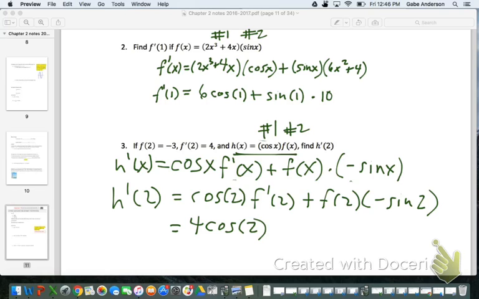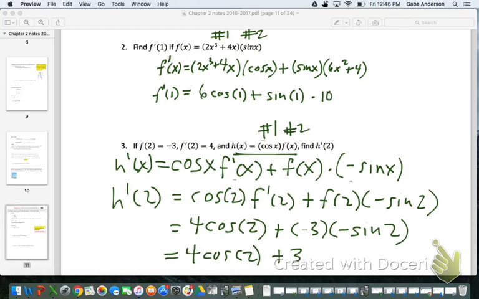Negative 3. So I think we could write plus negative 3 times negative sine of 2. So if you wanted to, you could clean it up a little bit and just say 4 cosine of 2 plus 3 sine of 2. That would work just fine. That's just a little cleanup work, not necessary by any stretch.